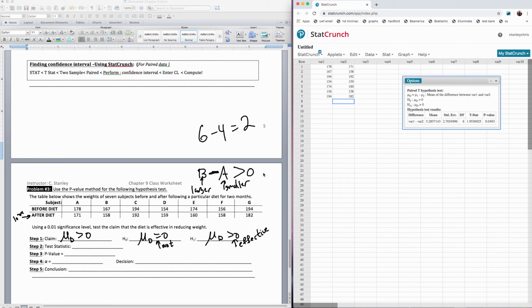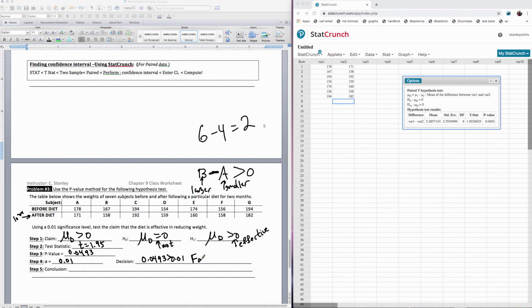So 1.95. So that's a t. That's your test statistic. Your p-value is 0.0493. And we're using an alpha of 0.01. So we have to compare this to this, and that's that whole thing with if the p is low, the null must go. If the p is high, the null will fly. And this time that's bigger, so the null will fly here.